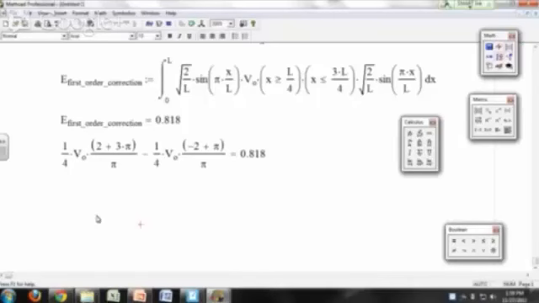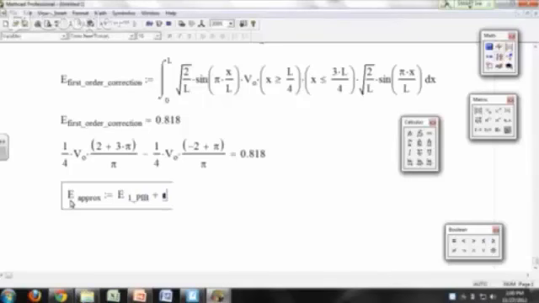All right, so that's your first order correction. So what is your approximate energy then? The approximate energy would be E1 for the particle in a box. That's your zero order energy, your zero order approximation, plus the first order correction.